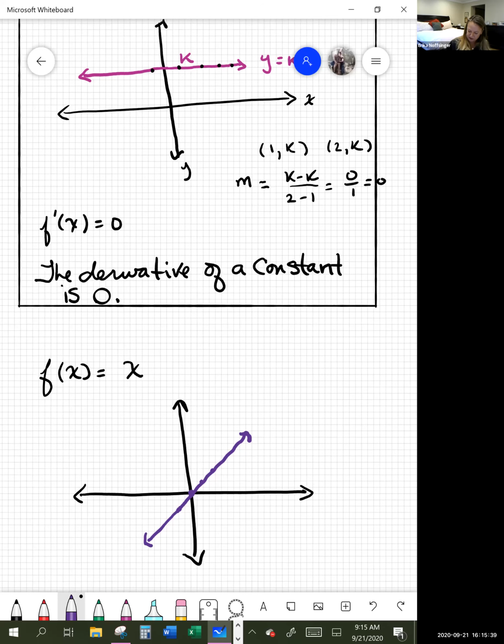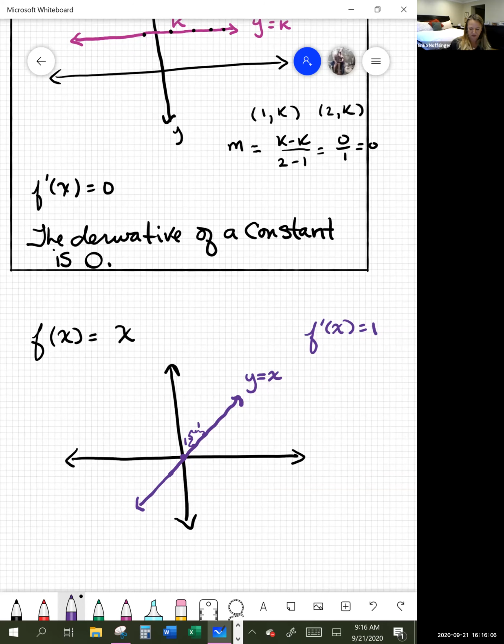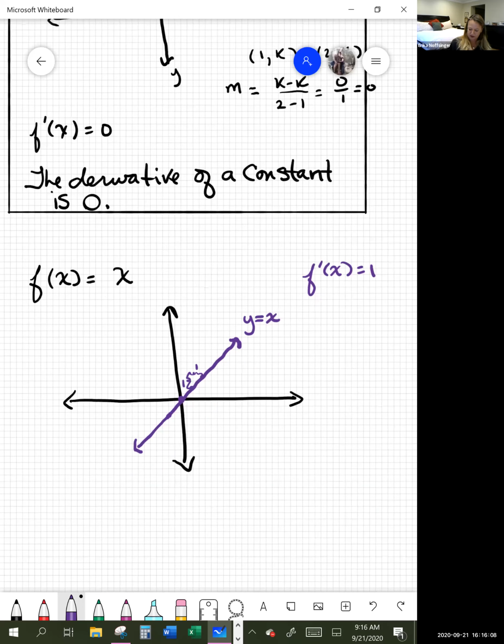Without using the formal definition, we can see that at any point our slope is 1: rise 1, go over 1. So my derivative, f prime of x, is equal to 1. We'll talk about that more in a minute.